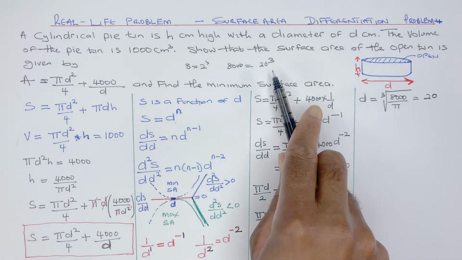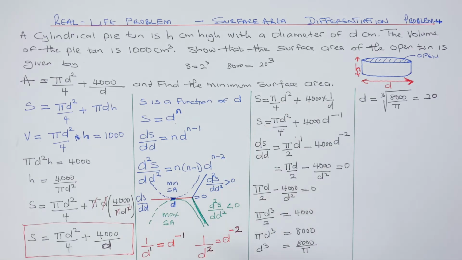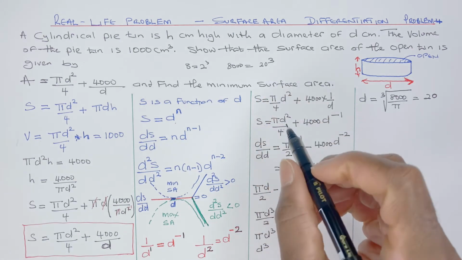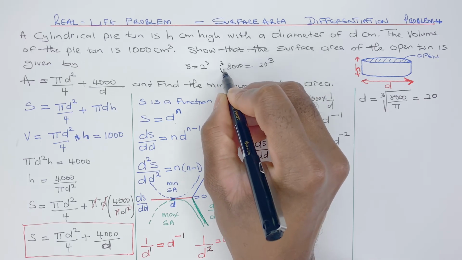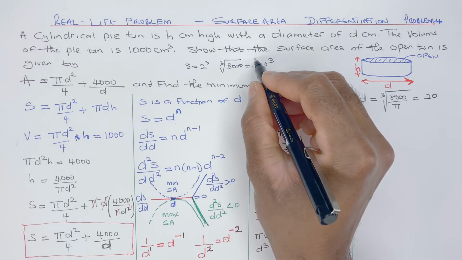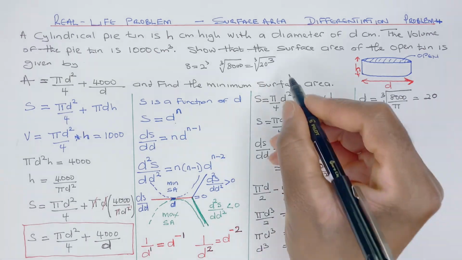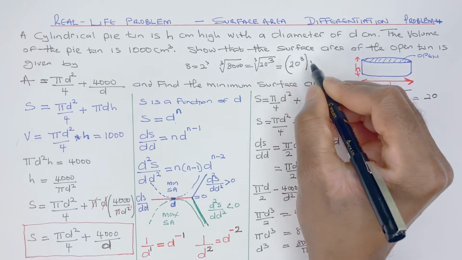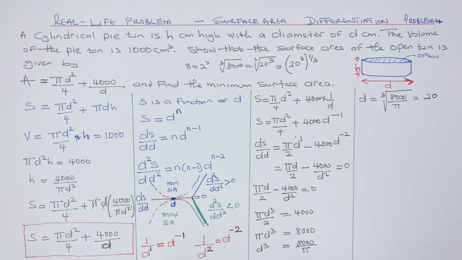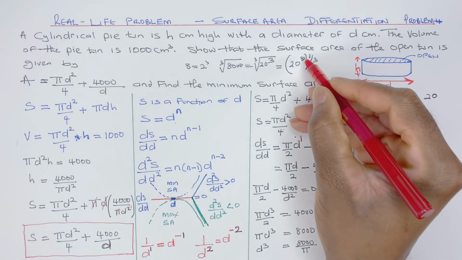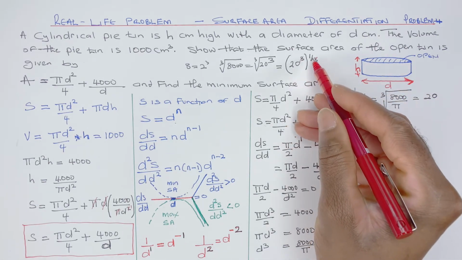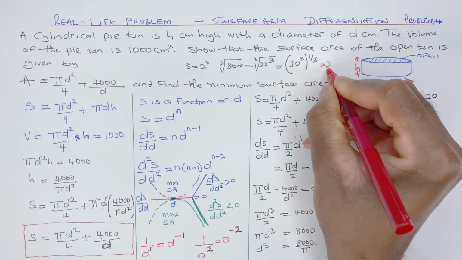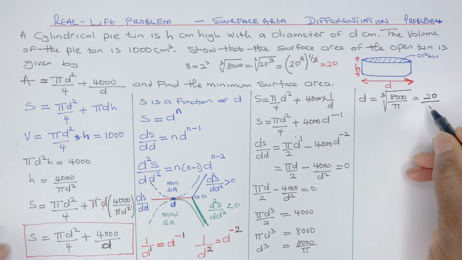If you then cube root that, it means 20 to the power of 3 all to the power of 1/3. You can see the 3 cancels, so that's 20 to the power of 1, which equals 20. And because now you have to cube root pi as well, that will be the cube root of pi.